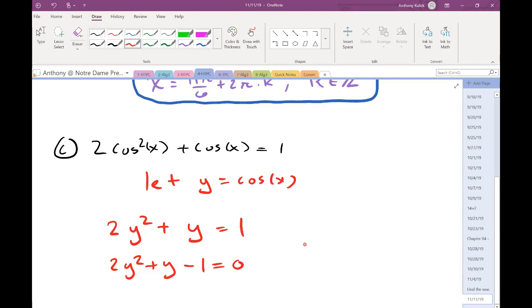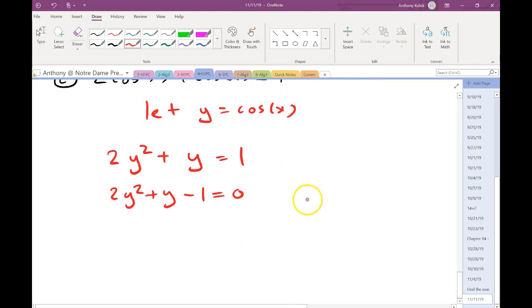If this doesn't factor, what else could you do to solve it? Quadratic formula. You can always use the quadratic formula. All right. So we're going to factor this. To factor this, what do we need to do?